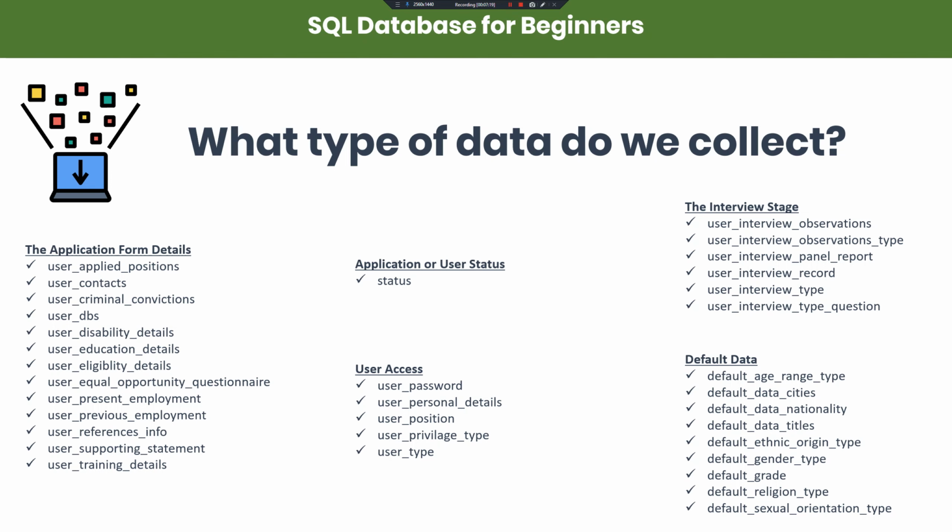And this job application also considers the interview stage. It does not just allow the user to just complete an application and submit. It goes beyond that, which means you can also have the ability to record the job applicant's interview. So you want to know the type of answer they gave to a particular question.